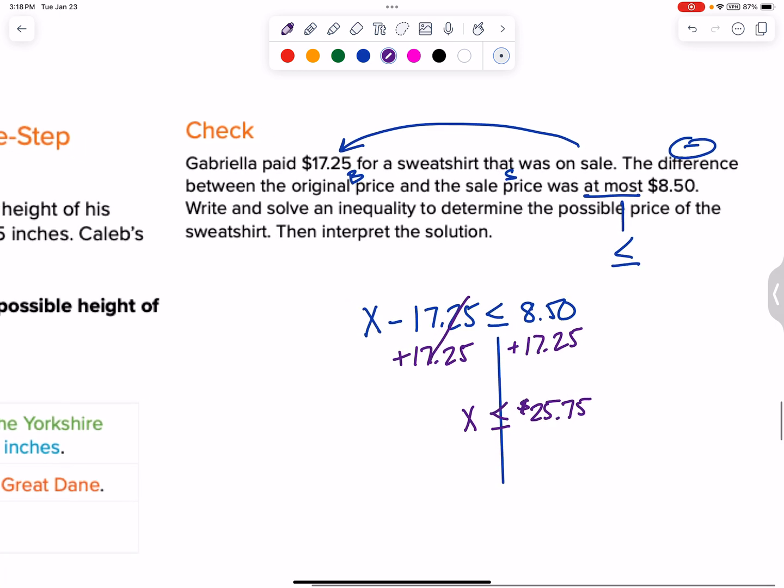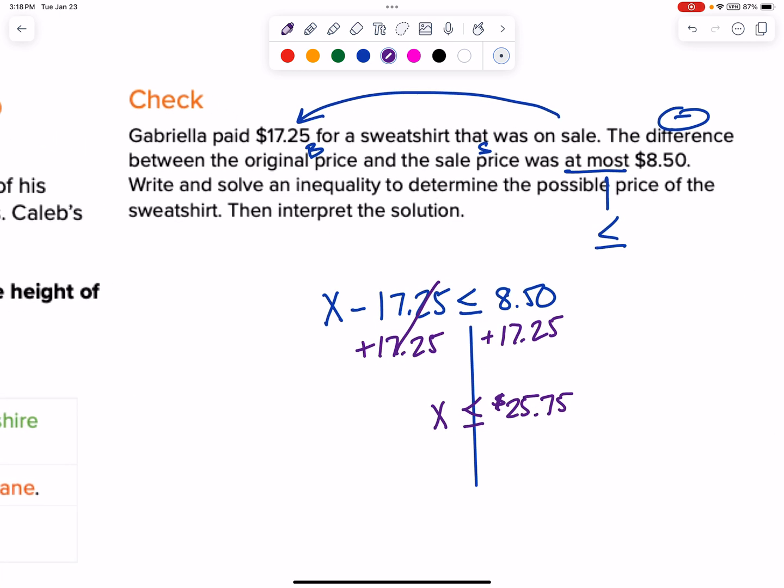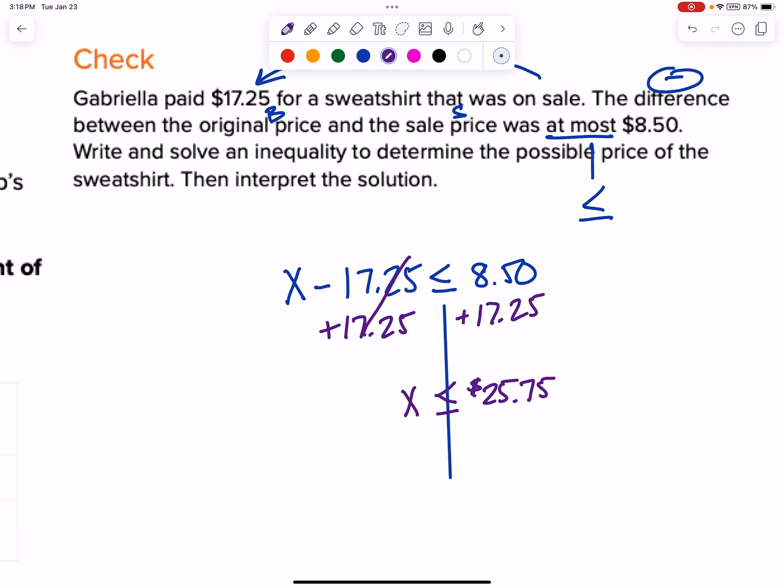Okay, so that difference between the original price and sale price, the original price has to be less than or equal to $25.75 to be at most $8.50.